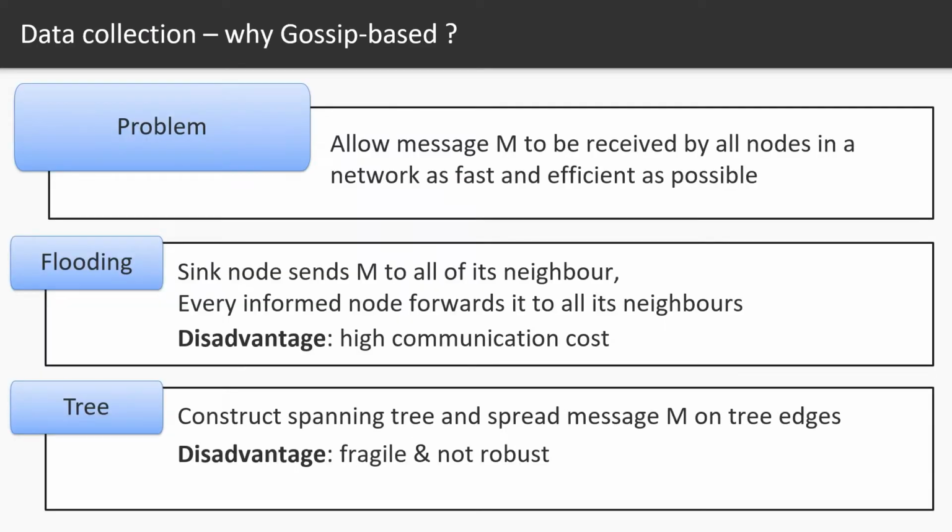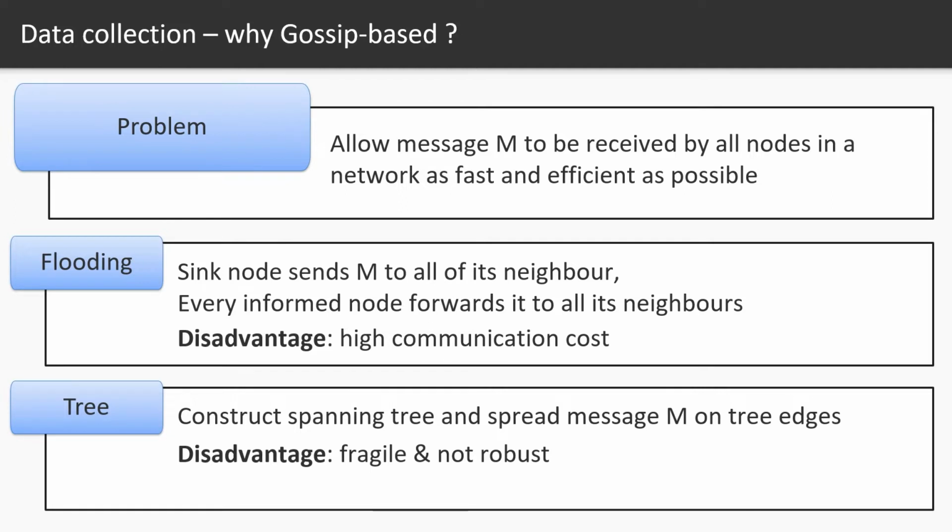So let us first ask ourselves, why do we need the gossip algorithm and why does it exist? What problem does this algorithm solve? The problem of data collection and propagation is simple: allow the message M to be received by all nodes in a network as fast and as efficiently as possible.